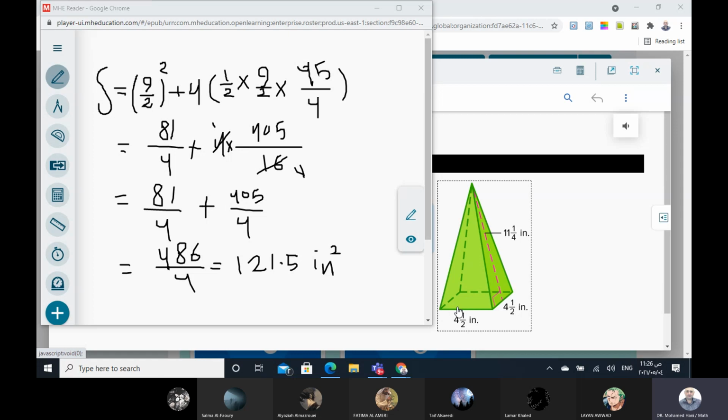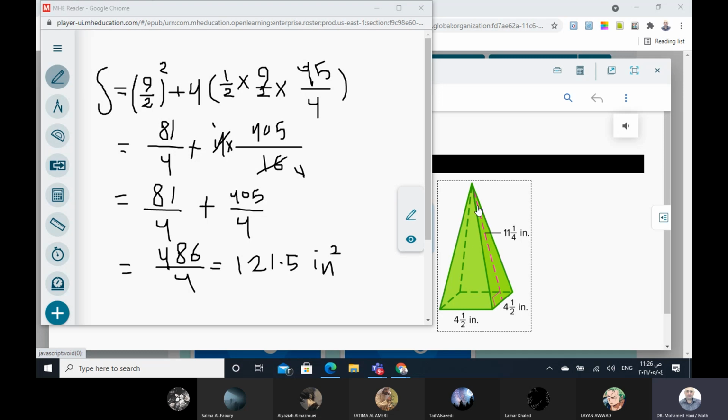The square, as you remember, has 4 equal sides, meaning this side equals this side equals this side equals this side. If the base of the pyramid is a square or regular polygon, all lateral faces will be congruent. What's the meaning of congruent faces? They have the same area.